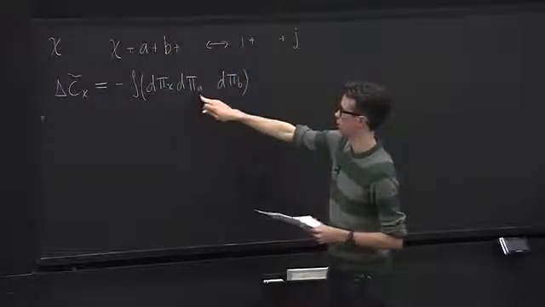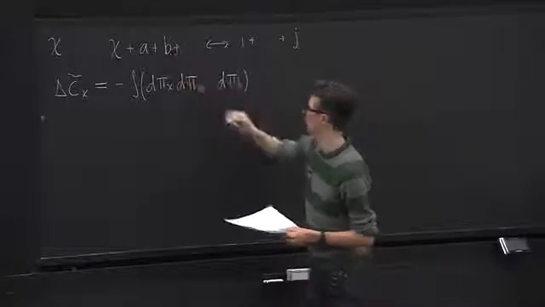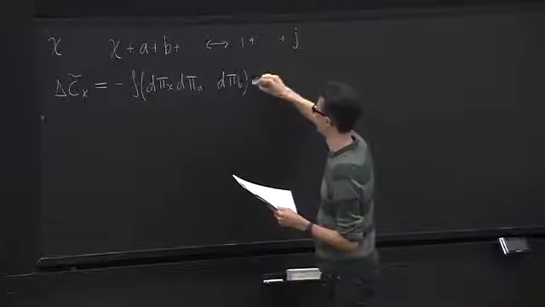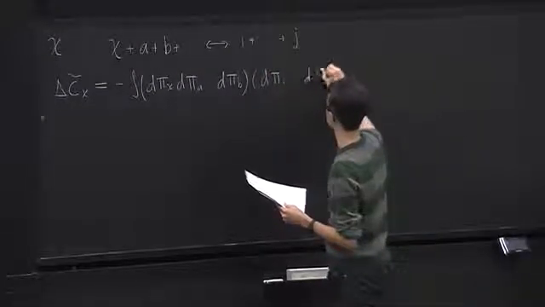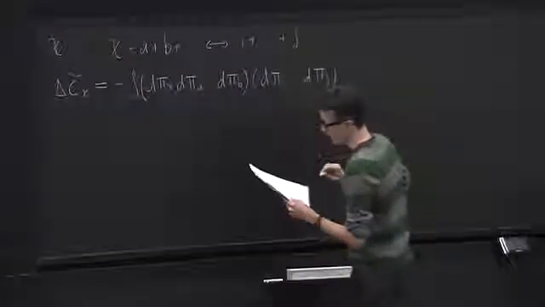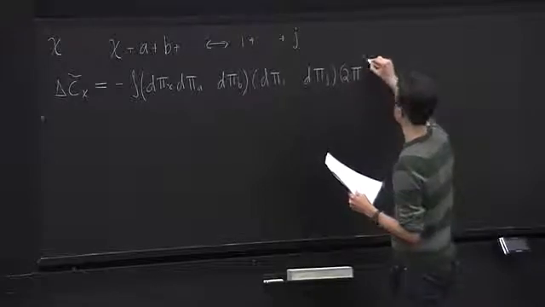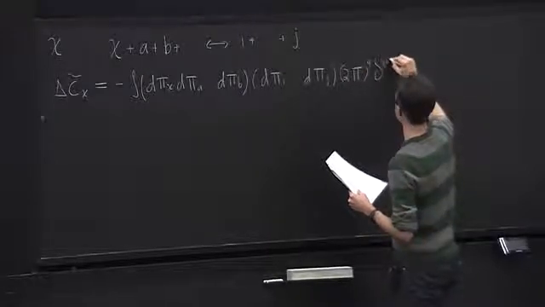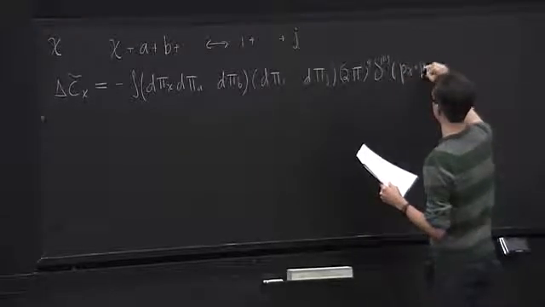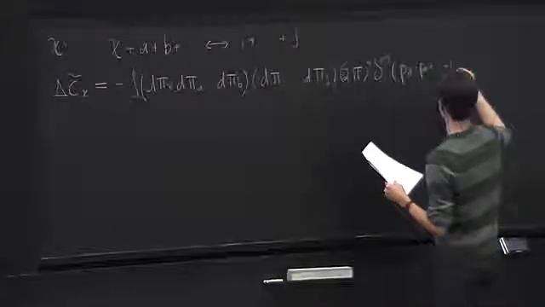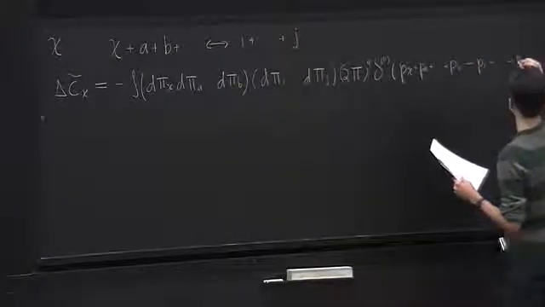I'll tell you what these dΠ's are in a second, but they're essentially just d^3p's. I have an integral over the phase space of the initial states, and I have an integral over the phase space of all the final states. I'm going to have an overall energy-momentum conserving delta function, (2π)^4 δ^4(p_chi + p_a + p_b - p_i - ... - p_j).